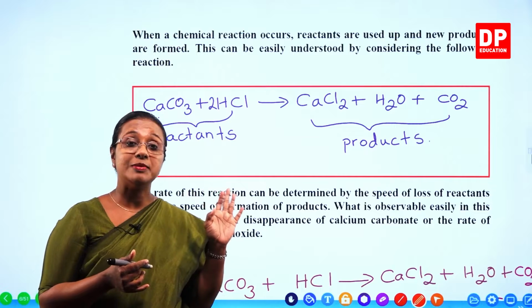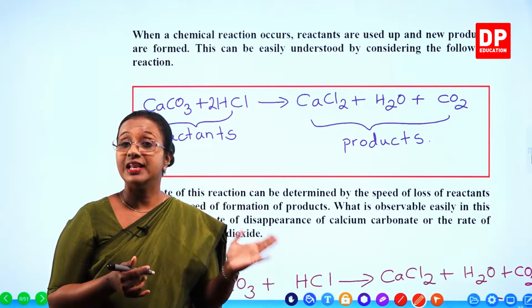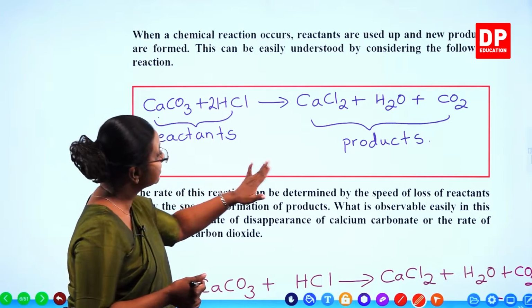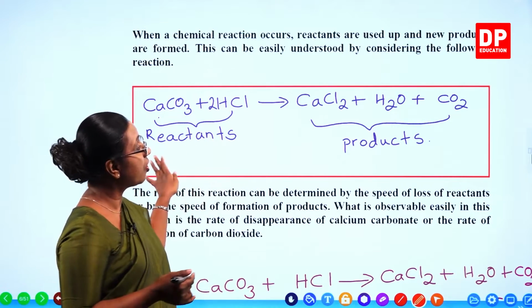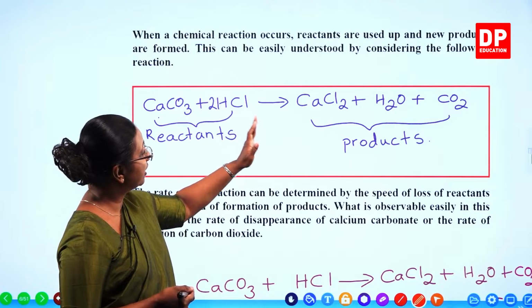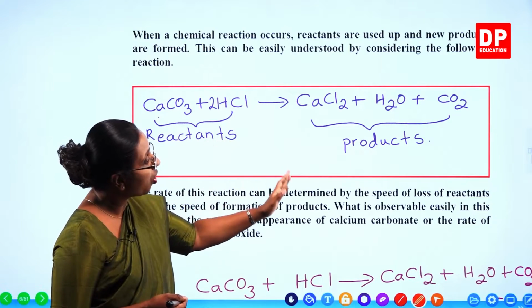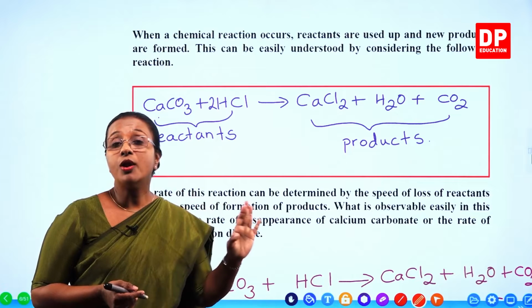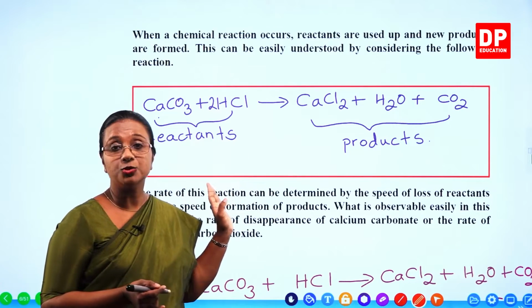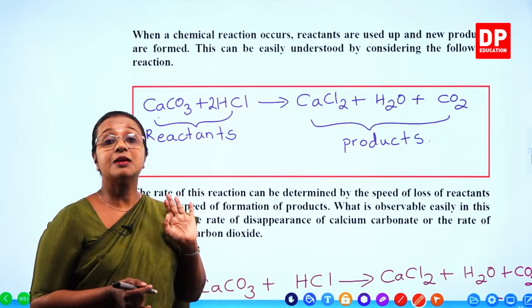That also can be elements, compounds or elements and compounds. In this reaction, all the substances, reactants and products, are compounds: calcium carbonate, hydrochloric acid, calcium chloride, water, carbon dioxide. So, the reactants are converted to products. That is a chemical reaction.